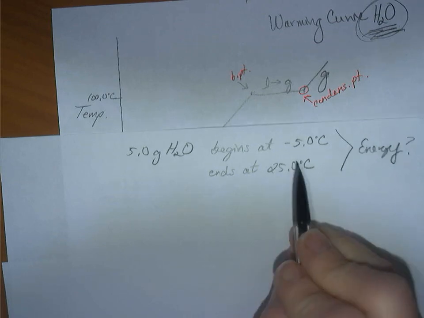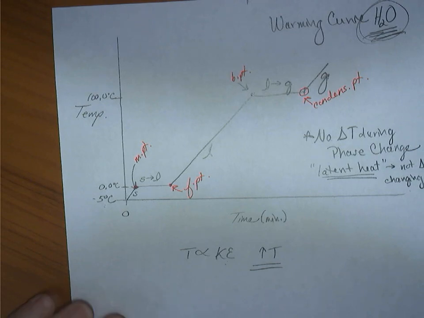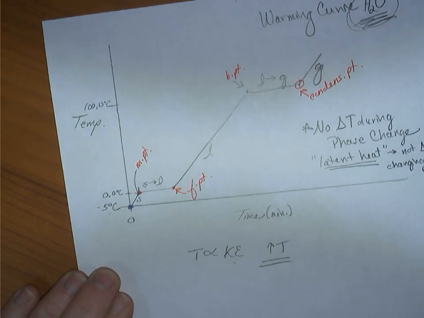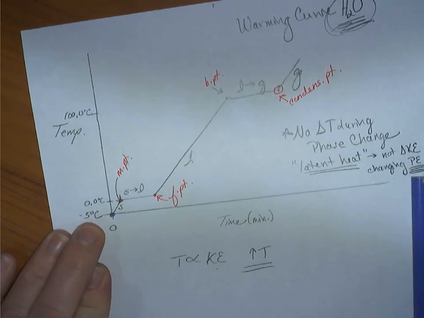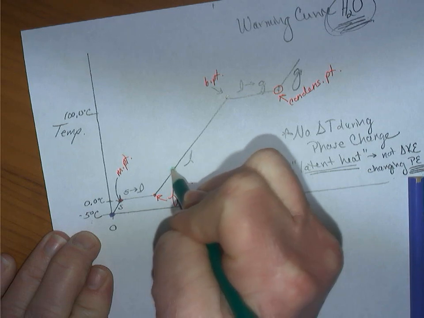Well, let's see where we're starting. Okay, we're starting, I'm going to put that in blue, starting here. If we trace our warming curve, I want to end up at 25, probably there.